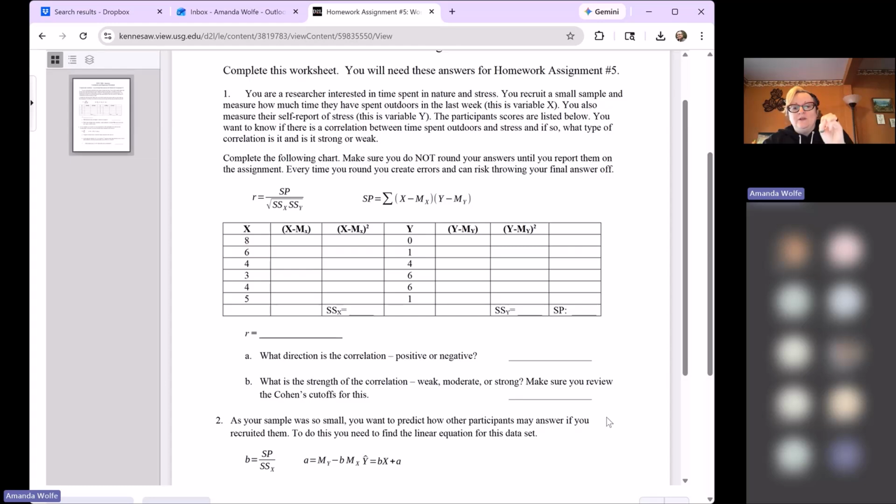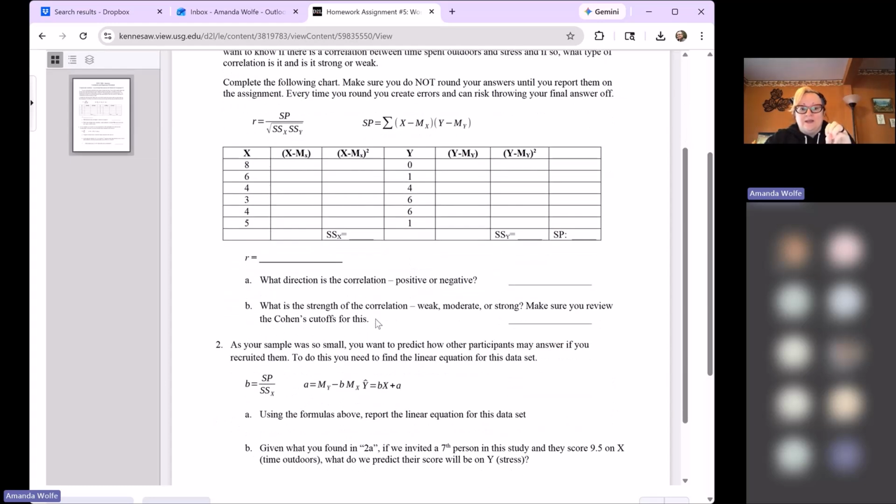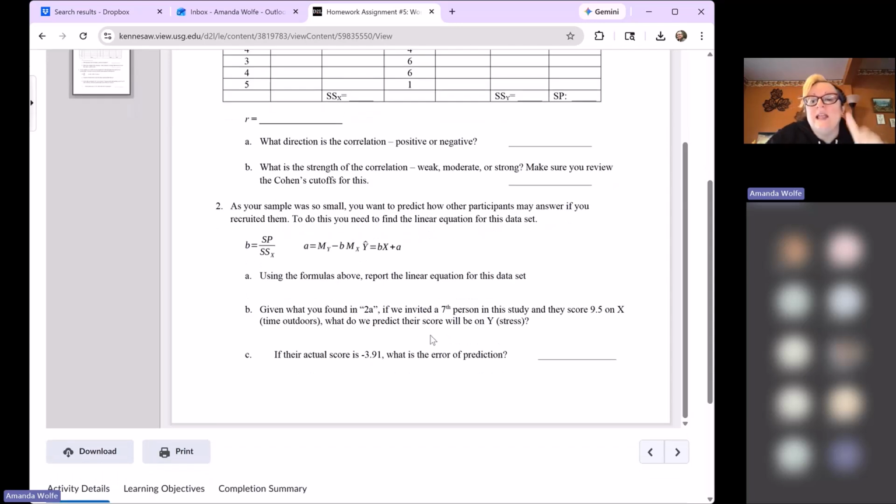But you've got a couple of questions there that's about finding the correlation and then interpreting it. And then you're going to use those same numbers to then also do a regression. And again, everything you need to do that is in the regression PowerPoint. Now, here's where something sucks. If you get your answers in question number 1 wrong, because you're using them in question number 2, they will also be wrong.